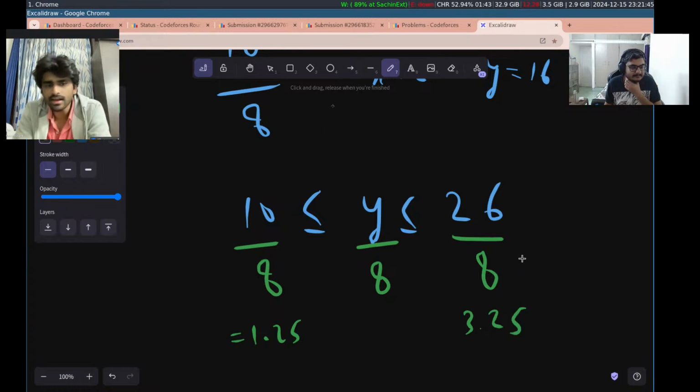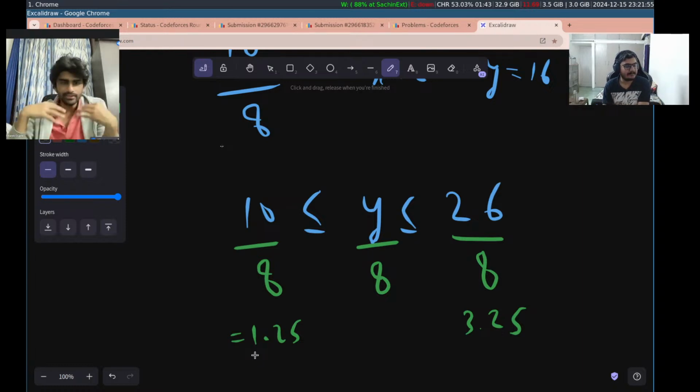I think a lot of people are asking why we're taking ceil and floor. So the way I thought of it was, when we divide L2 and R2 by k to the power n, we want the range of x.